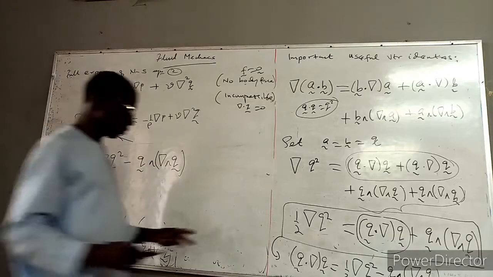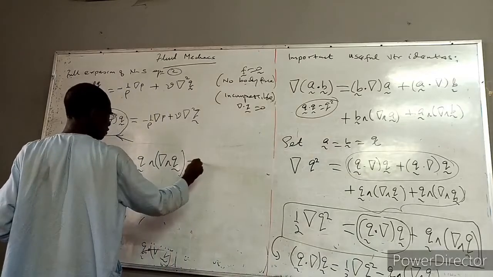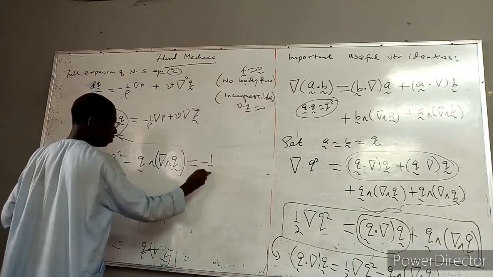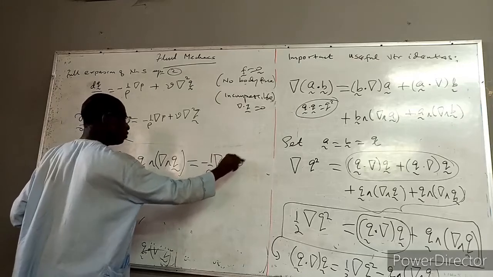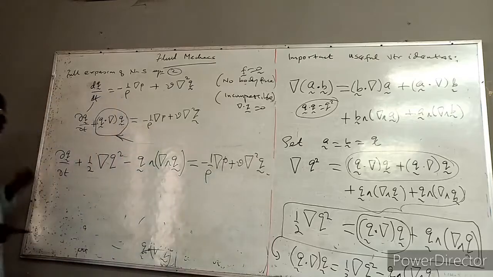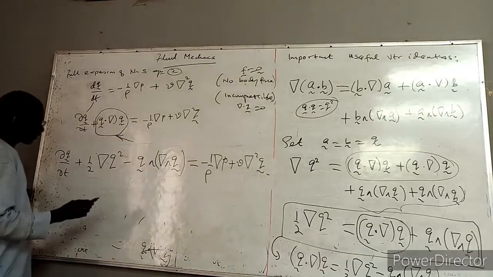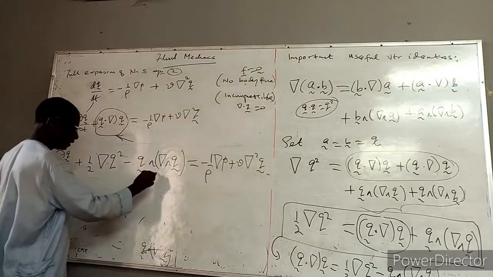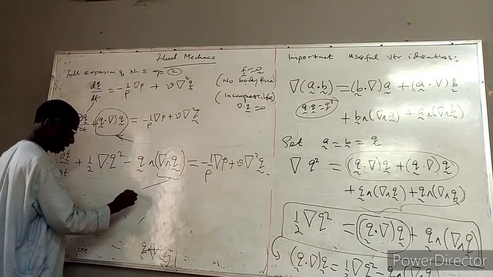Okay? So comfortably we've done that. So that will be equal to what? Minus 1 over rho grad p plus mu del square q. So you can see clearly from here. Now, don't forget, we have done this before. This is called what?